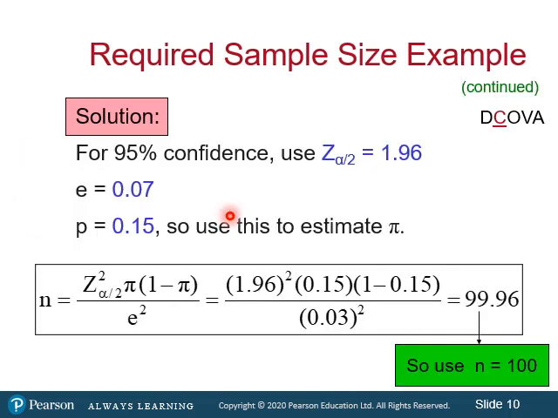So to solve this problem, for 95% confidence, z alpha divided by 2 is 1.96, E is 0.07, p equals 0.15. So once we substitute into this formula, 1.96 to the power of 2, 0.15 times 1 minus 0.15, divided by 0.07 squared, you get 99.96. So when we round it up, we will use n equals 100.